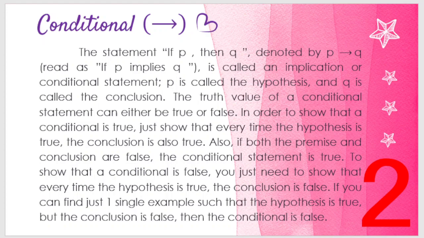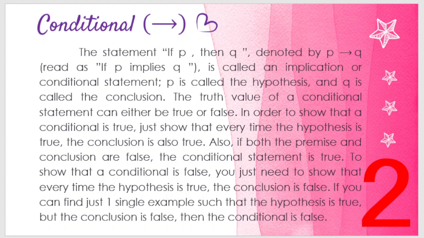If you can find just one single example such that the hypothesis is true but the conclusion is false, then the conditional is false. So for the conditional, the P statement is the hypothesis and the Q statement is the conclusion.